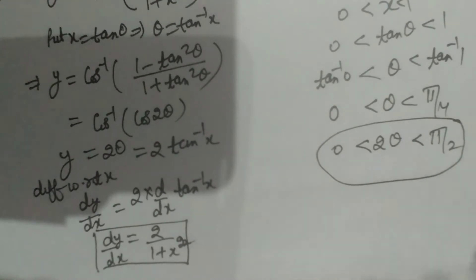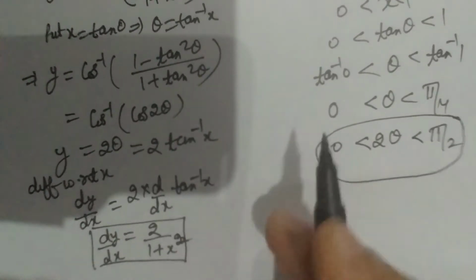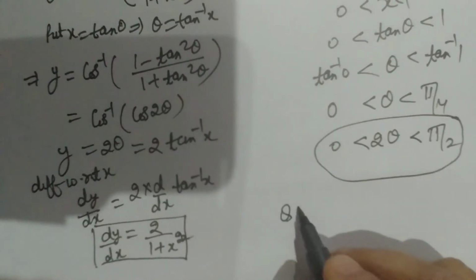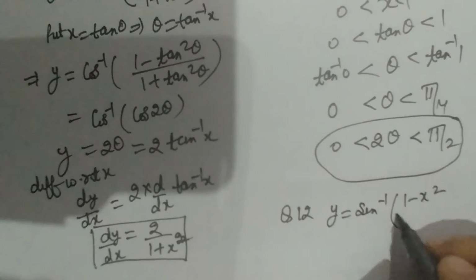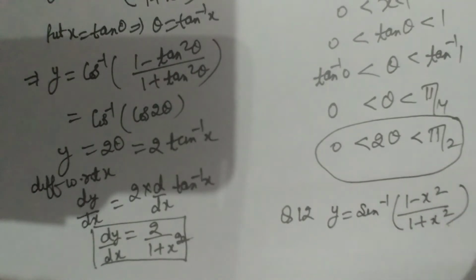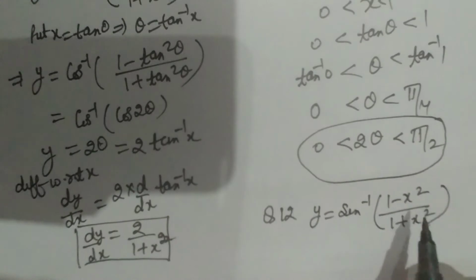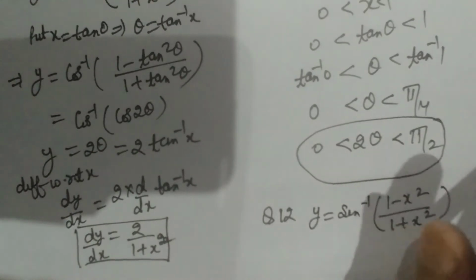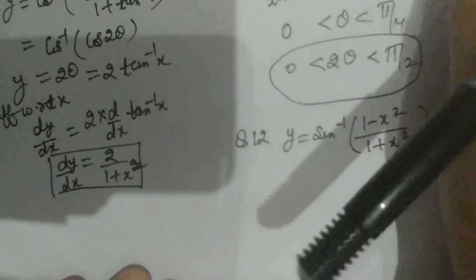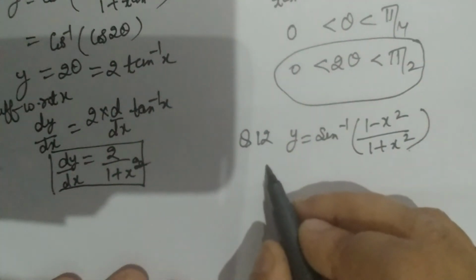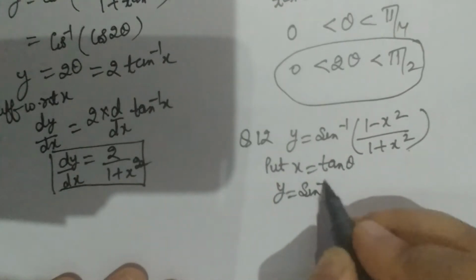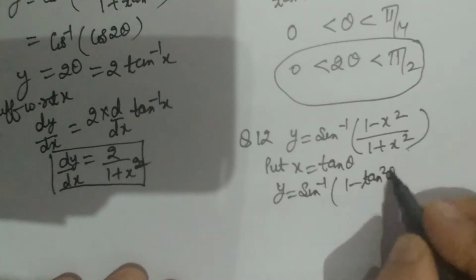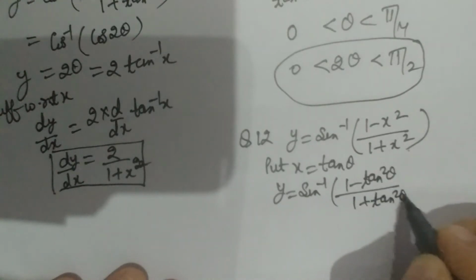That's okay. Now question number 12: y is equal to sine inverse of (1 minus x square upon 1 plus x square). This can also be done properly. Here, apart from the side condition, one more thing you need to remember: when I put x as tan theta, I'll get sine inverse of (1 minus tan square theta upon 1 plus tan square theta).